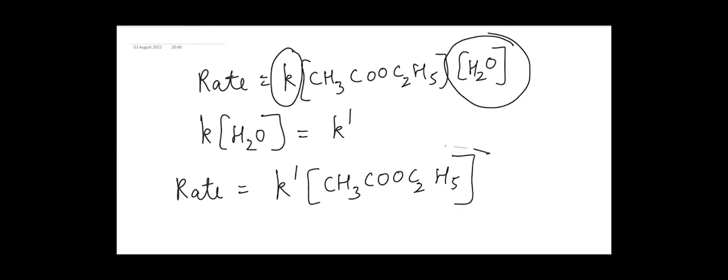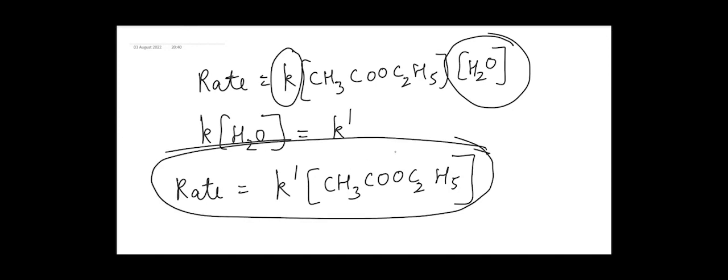So this equation which we have written here resembles the first order reaction's relation. It is similar to the first order reaction, because there we had K and here we have K dash, which is a combination of K and the concentration of water, which is constant.